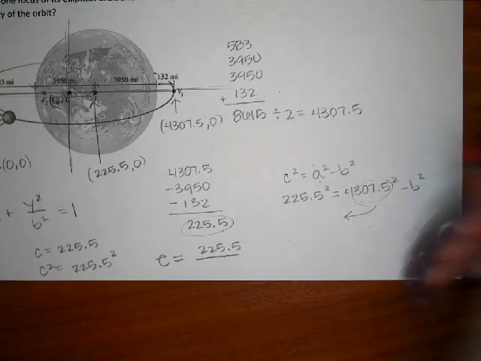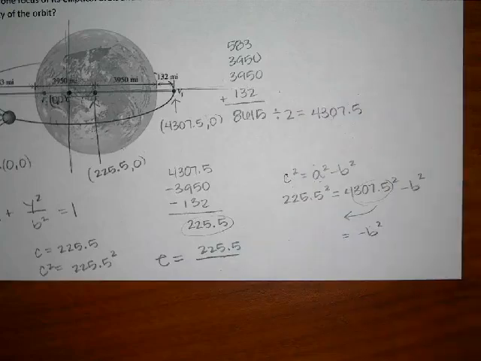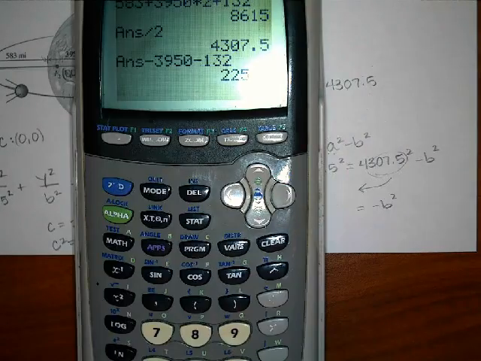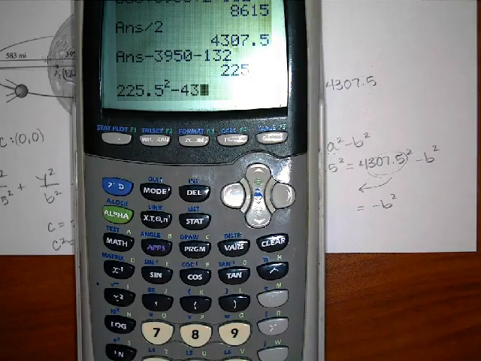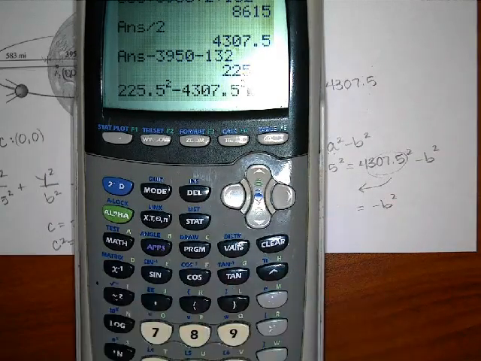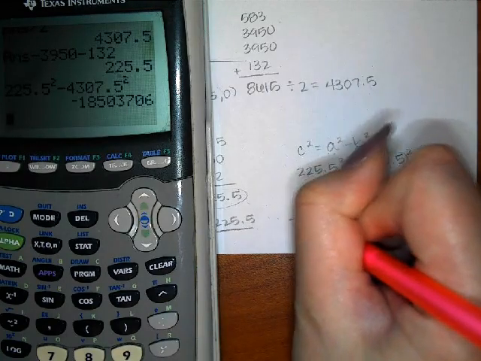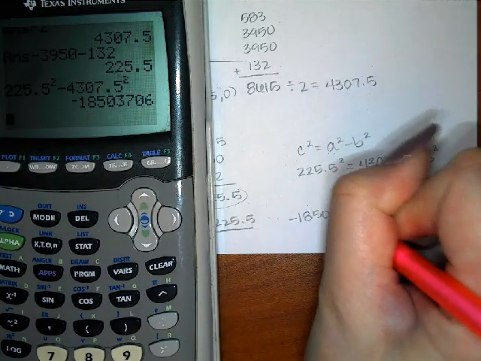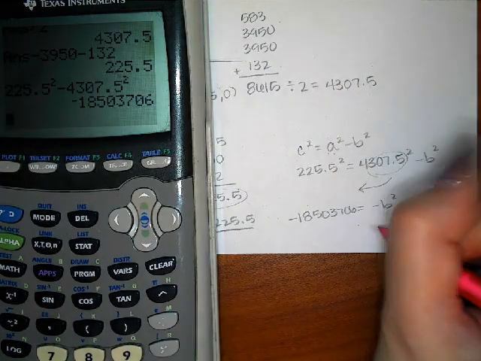So 225.5 squared minus 4,307.5 squared. That's good. I'm going to divide by -1 to get rid of my negative. Now I need to take the square root of this number, so I'm going to raise it to the 0.5.